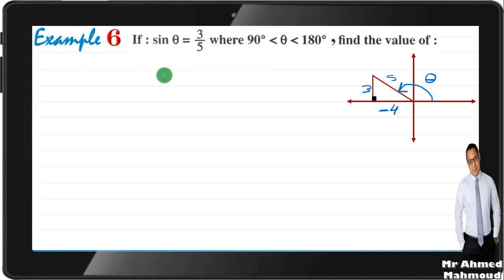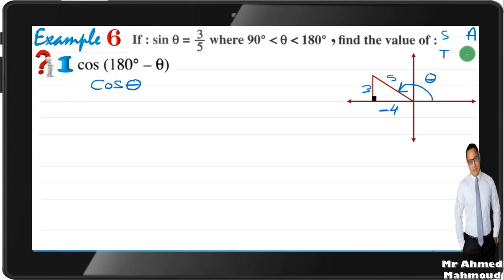Okay, now what is he asking me for? Cosine of 180 minus theta. Remember with me the related angle 180 minus theta. 180 doesn't change the function, so it will be cosine theta. And by looking at the quadrant, by the asterisk rule, in the second quadrant only sine is positive, so cosine is negative.